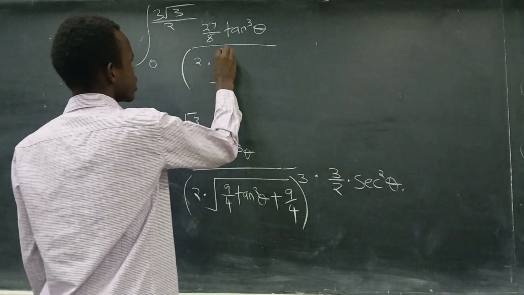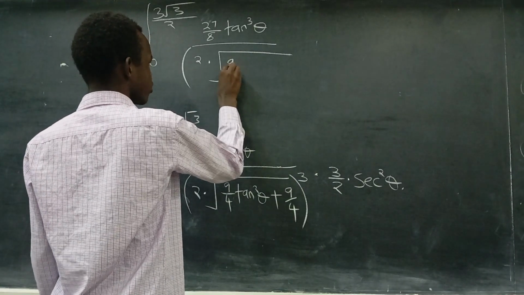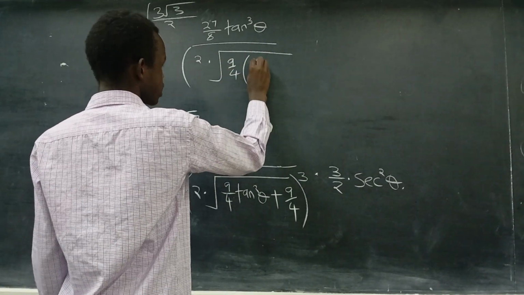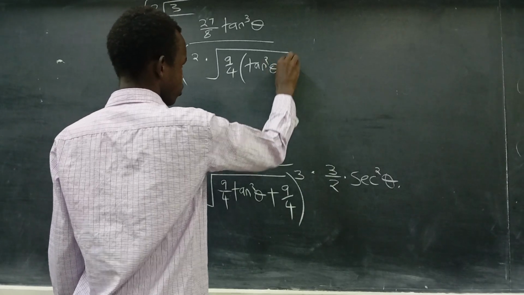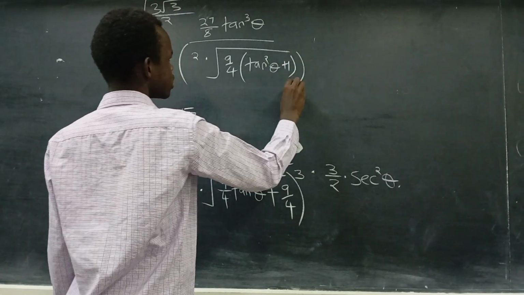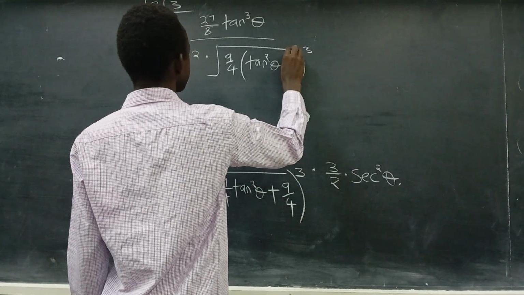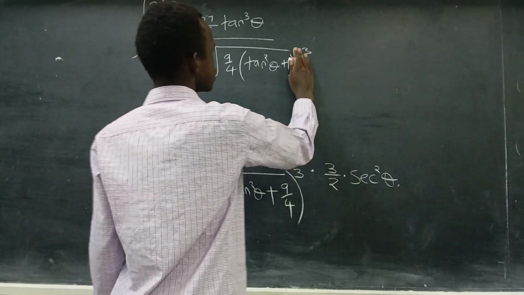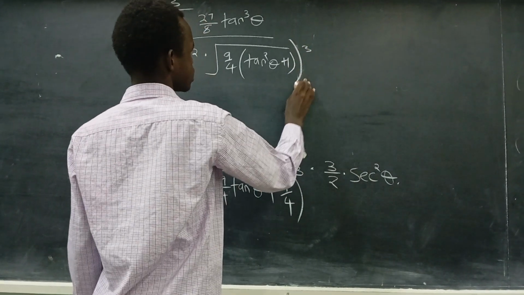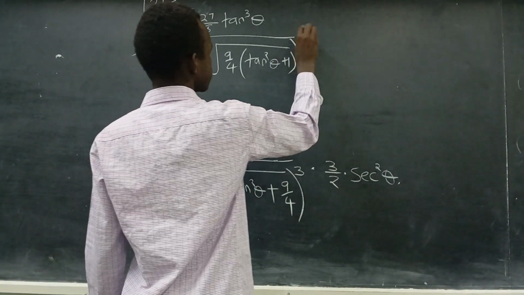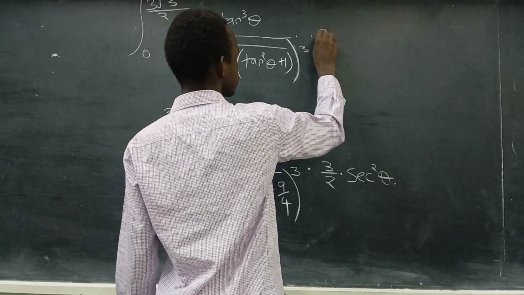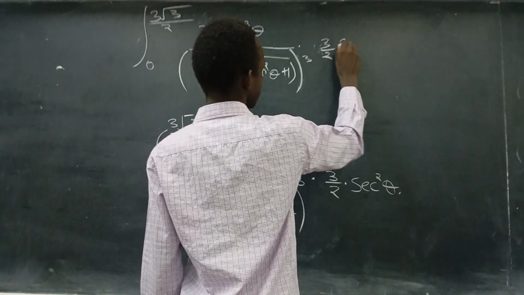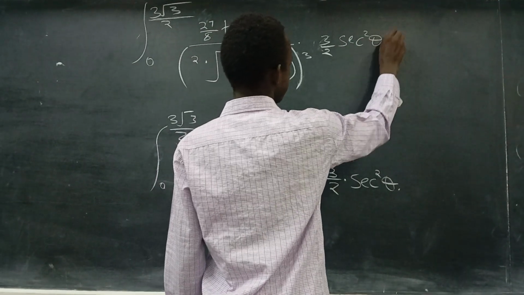So it will be multiplied by the square root of 9 over 4 into tan squared of theta plus 1. Okay, all this part, I cubed it. This cubed, it's there. Okay, multiply by 3 over 2 secant squared of theta.